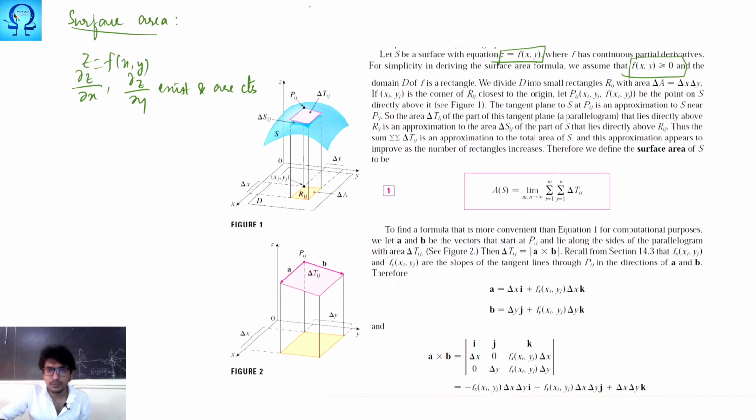So in each subrectangle, let us choose some point which is closest to the origin, and that point we denote by x_i, y_j. This is a point with which we identify some point in three-dimensional space, that is, on the surface. Now we will have to identify a tangent plane.